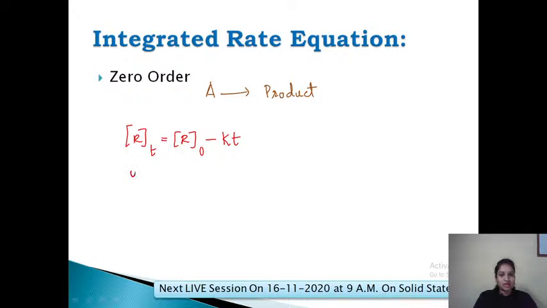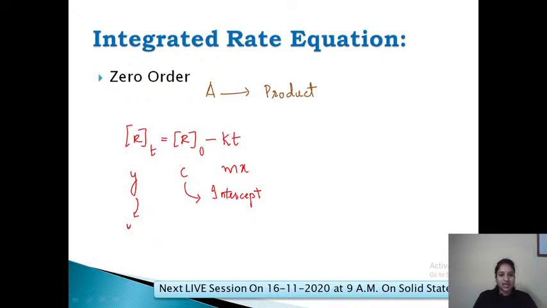Now we can equate this to the straight line equation, y is equal to c plus mx. Usually this c value will act as your intercept.